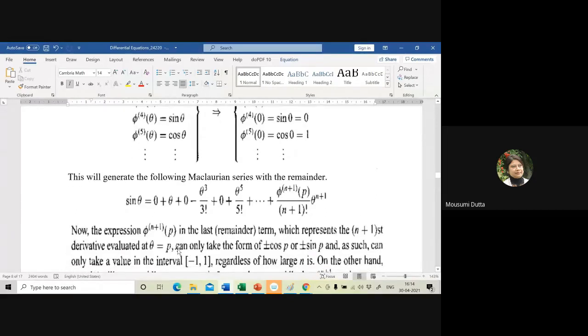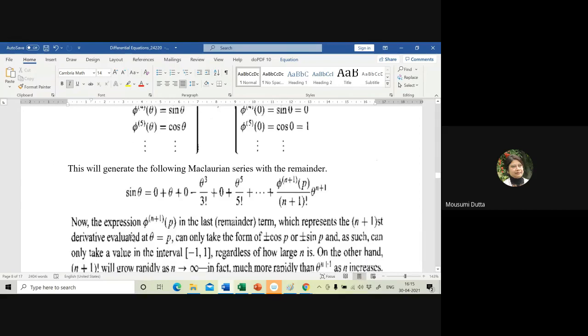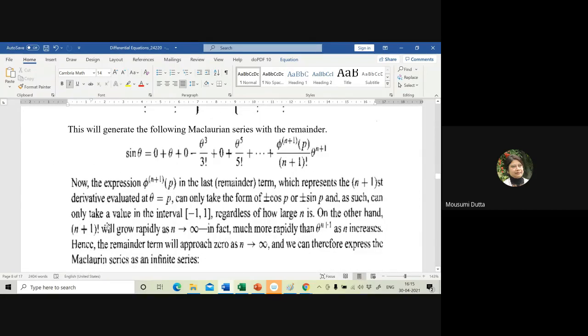So now the last expression, theta to the power n plus 1 into p, in the last remainder term, which represents the n plus 1th derivative evaluated at theta is equal to p, can only take the form of plus minus cos p or plus minus sin p, and as such can only take a value in the interval -1 to +1.